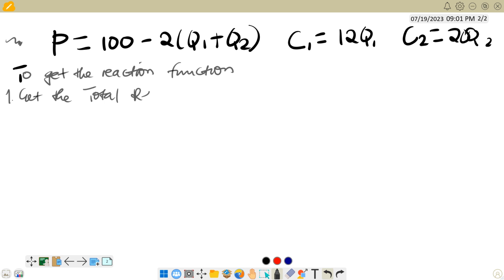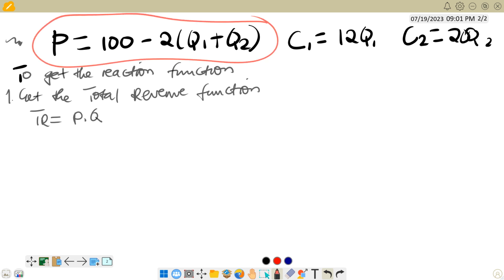So let's get the total revenue function first. Total revenue is just equal to price times quantity. In our case, the price that we've been given is this one here, so we'll work with this function for price.